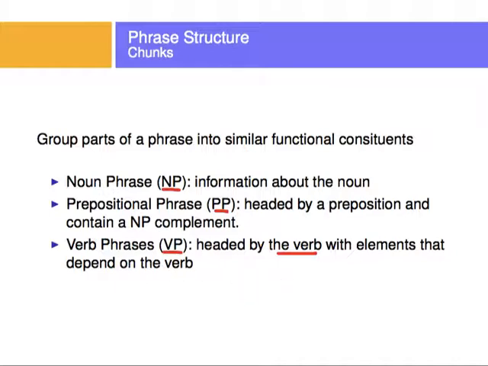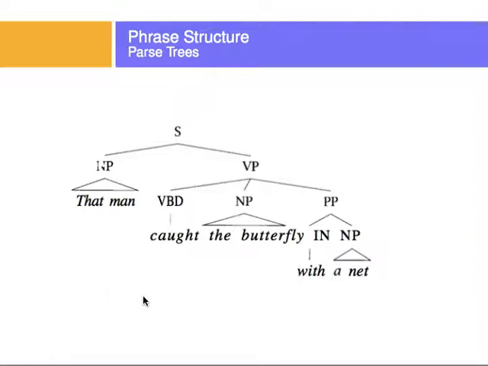So let's take an example. For example, that man caught the butterfly with a net. We can see that with a net, right, is a noun phrase. It modifies the noun a net, right? Now, because with is a preposition, right? It's a particular preposition, we can chunk all of this as a prepositional phrase, right?